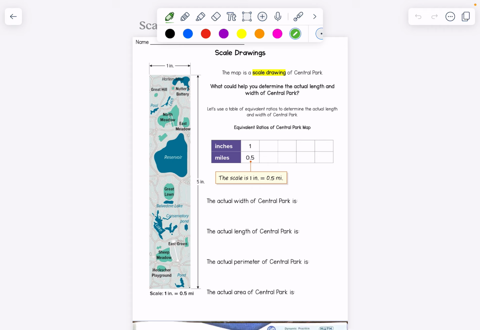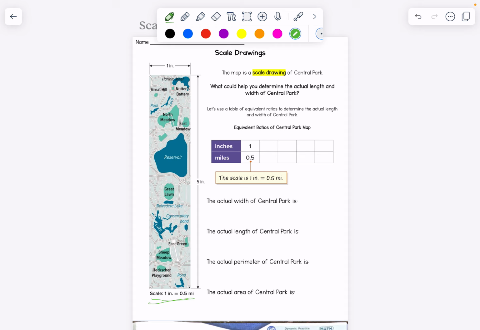So like over here, for example, on the left-hand side, we have a map of Central Park in New York City. Obviously, this isn't the real dimensions of the park, right? It doesn't fit on a screen or a piece of paper. So what we have is this scale down below that tells us every 1 inch is equivalent to 0.5 miles.